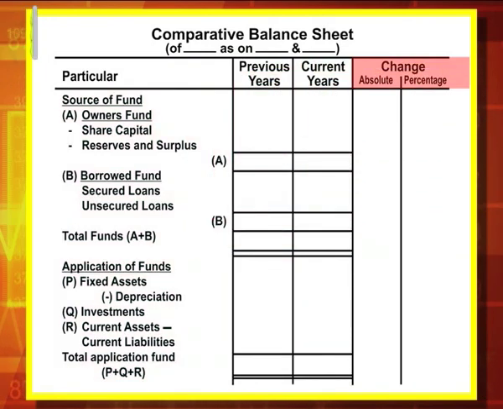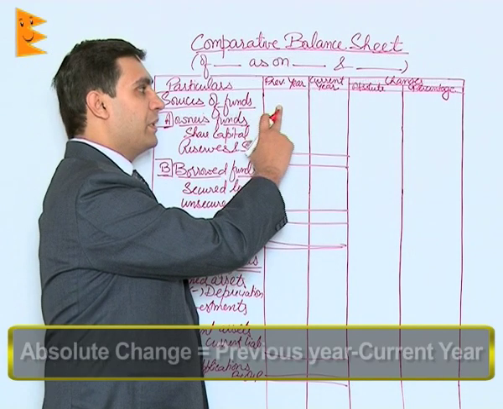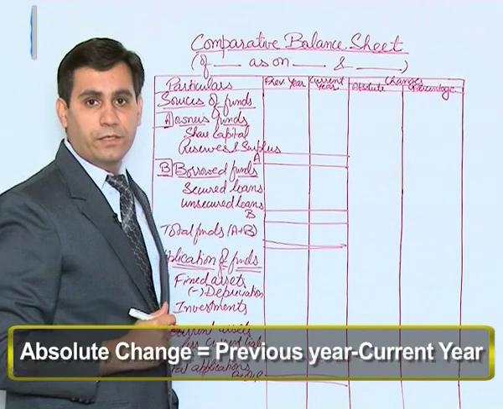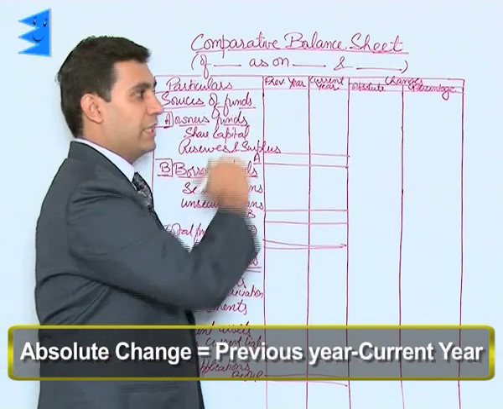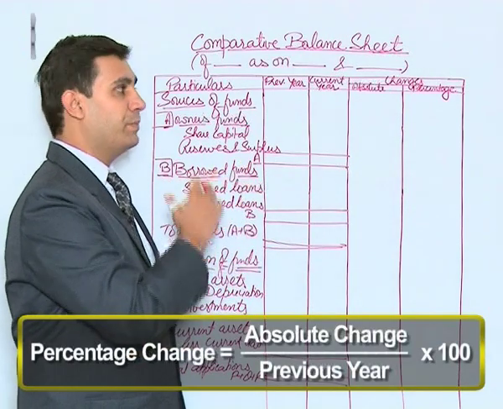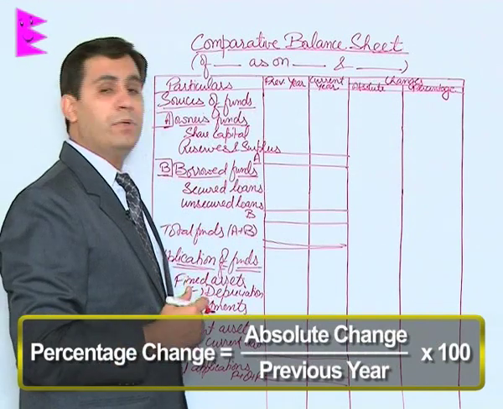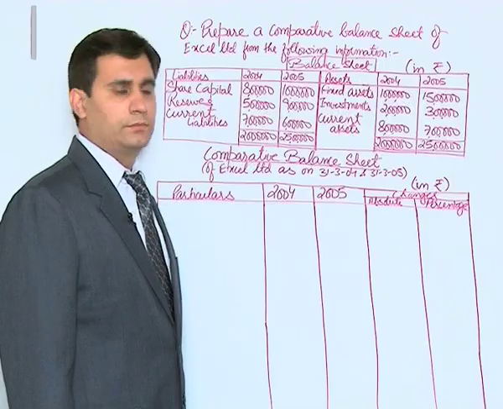Coming to these two columns, that is absolute change and percentage change, they can be calculated in the same manner as we did in comparative income statements, that is by deducting the previous year figures from the current year. We will get absolute change, and the percentage change can be calculated by absolute change upon previous year figure into 100. Let us take an example to understand this point better.